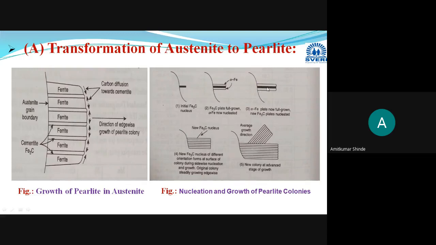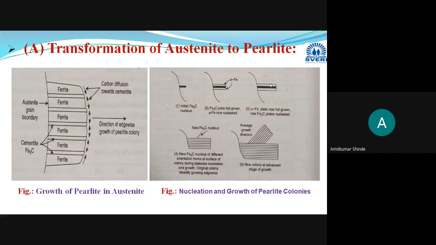It will grow, and the number of alternate layers will increase. As cementite is formed by diffusion, carbon diffusion will occur at the cementite, and alternate ferrite will be formed. Then, as carbon is less adjacent to this ferrite, there again carbon diffusion will occur, and adjacent to that ferrite, cementite will form.